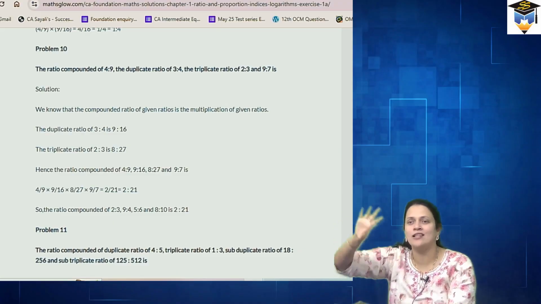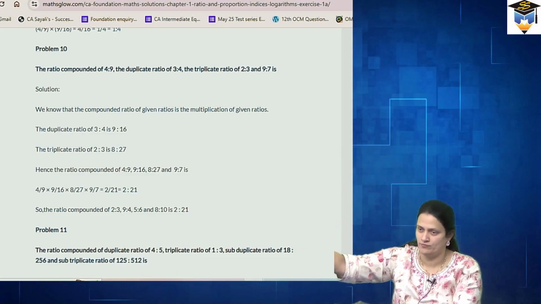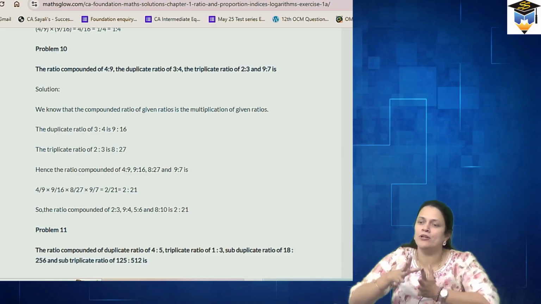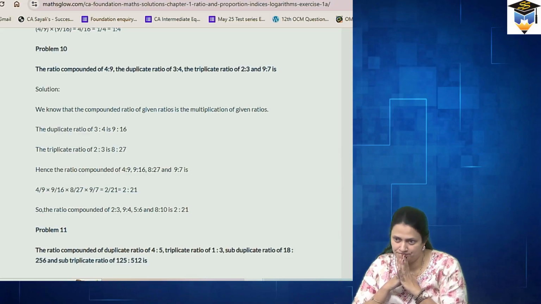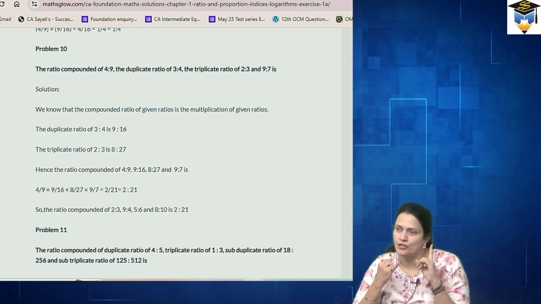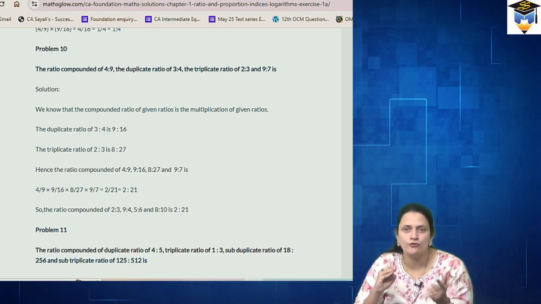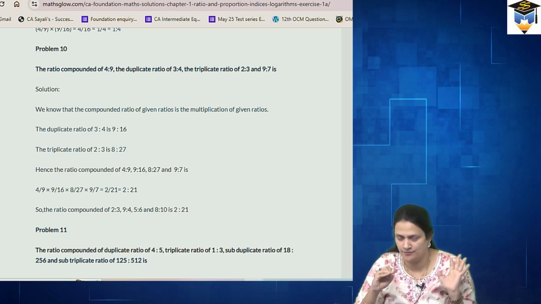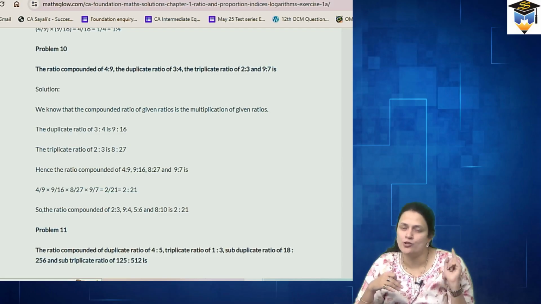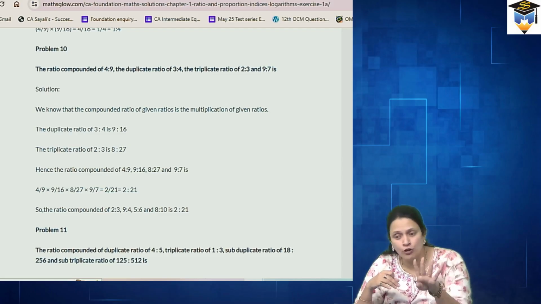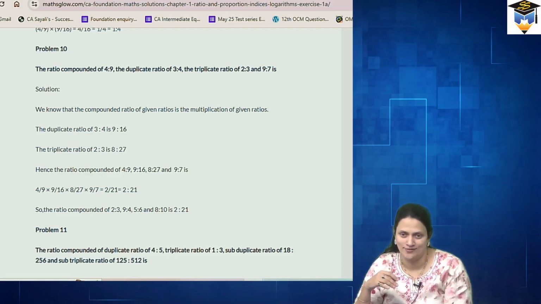So 9:7 is another separate ratio which we have to compound. See, the first ratio was 4:9, the second ratio is the duplicate of 3:4, that is 9/16, the third ratio is triplicate so 8/27, and the fourth ratio given to us is 9/7.